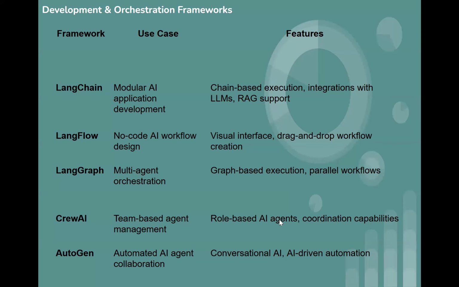Now, apart from this, these are frameworks, and then there are low-code and no-code options. Apart from Langflow, we have seen Bedrock, right? So you can build agents on Bedrock. You can build on all the platforms. In Databricks, you can build agentic AI.